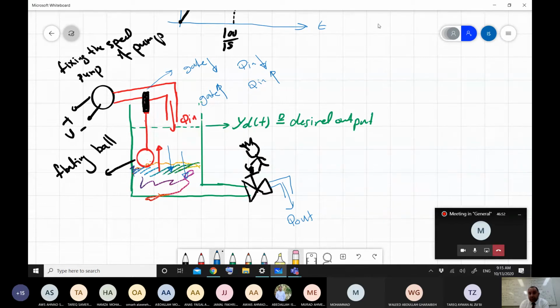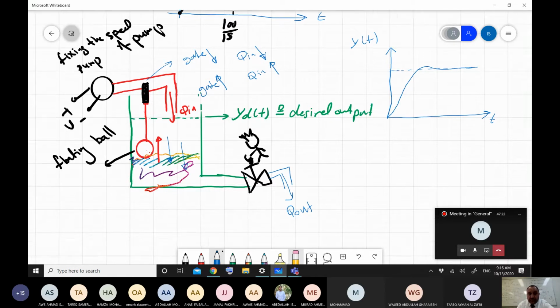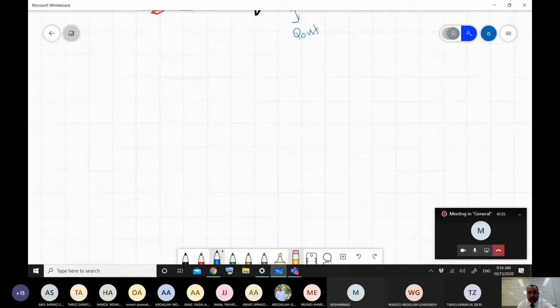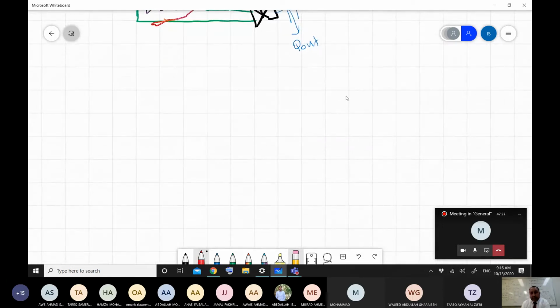So simply, this means that if I plot the curve, this is the T, and this is Y of T, and let's assume this is still my desired, maybe I will get something like this, according to the performance of the valve. Now, let's introduce the valve in the control system.